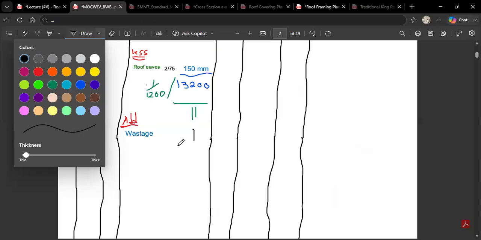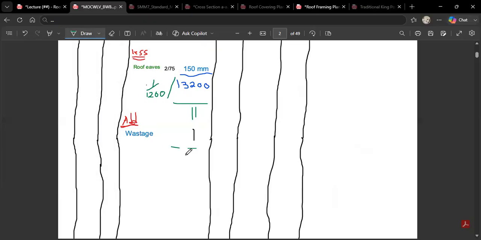So finally, you're going to get 12. So the number of rafters that we are going to use is 12. Let's go and count to see if what I'm saying is true or not.